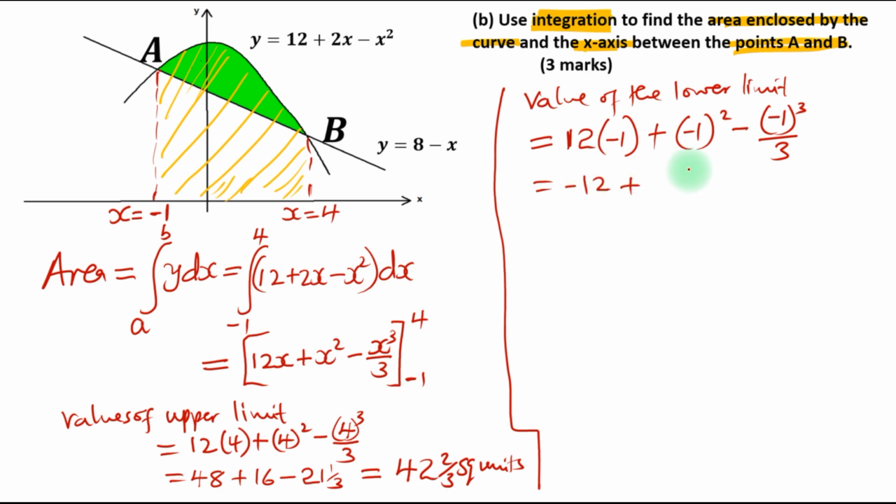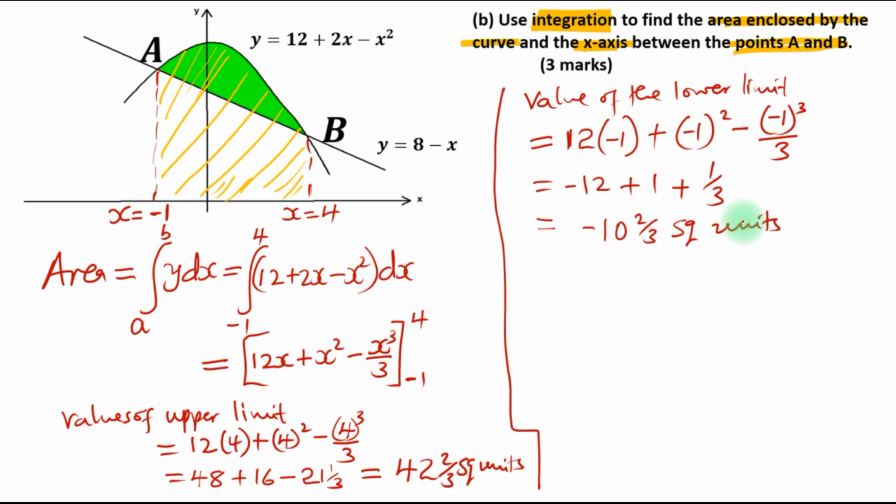So I end up getting -12. This will be +1. Then here it will be 1 over 3. So that will be plus, remember this will be -1, so it will be positive a third. So we work this out, we get -10 and 2/3 square units.